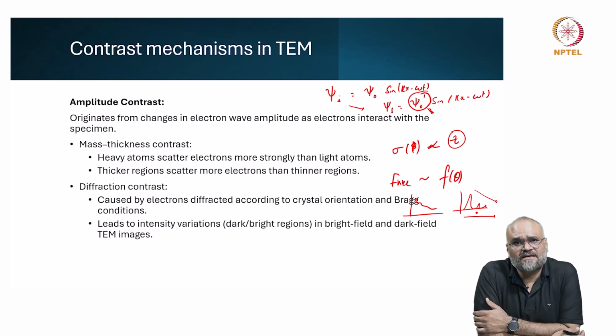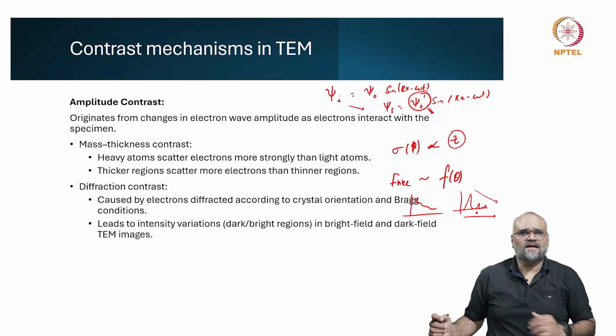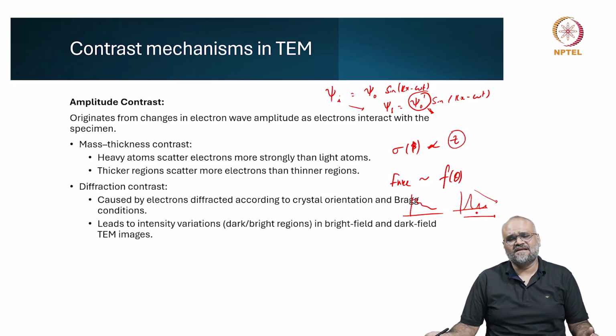When you are recording bright field images, as a consequence of variations in the internal arrangement of atoms within a sample, say you have a polycrystalline material with different grains, grains oriented in different directions will give you variations in diffraction contrast as well, and you see a consequence of this in the bright field image that you record. And also, there are special conditions where you can orient the specimen to get what is called a dark field image.